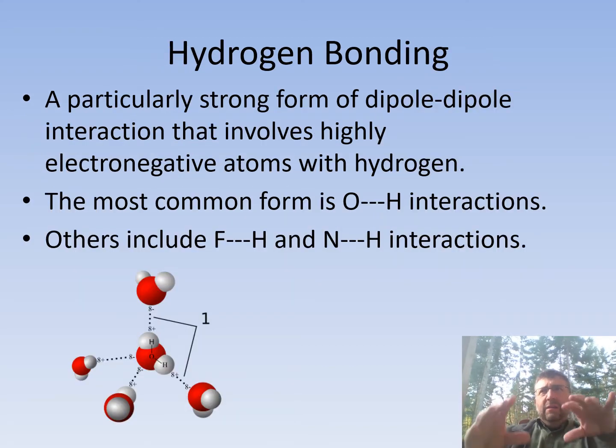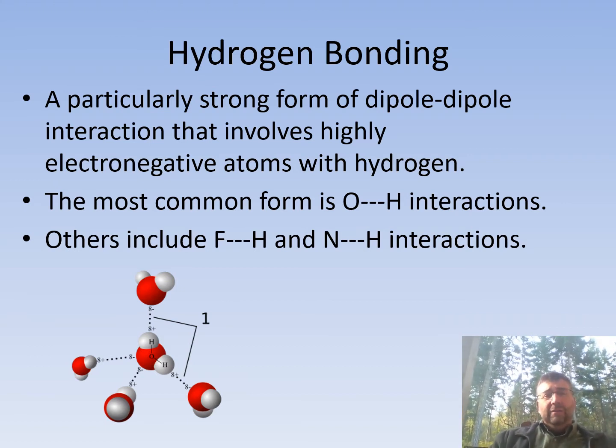Okay, now within dipole-dipole interaction, we have an extra form of intermolecular force, and that's called hydrogen bonding. Hydrogen bonding really is dipole-dipole interaction, but it gets a special name because it's a particularly strong form of it. And it's called that because essentially it is the interaction of hydrogens that are positive with highly electronegative atoms from another molecule.